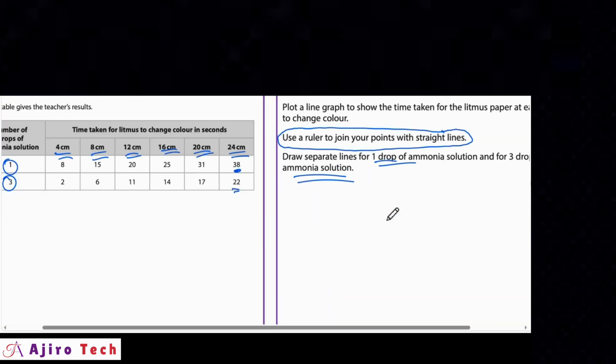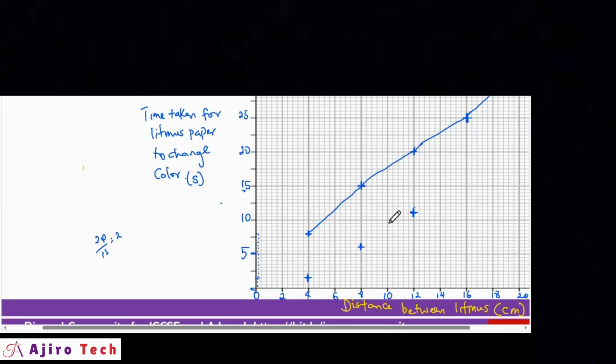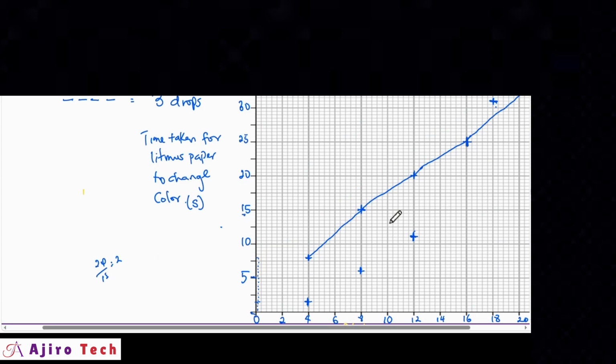Then 16 centimeter, 14. This is 16 centimeter. The 14 is 15 here. 14 will have to be spaced.